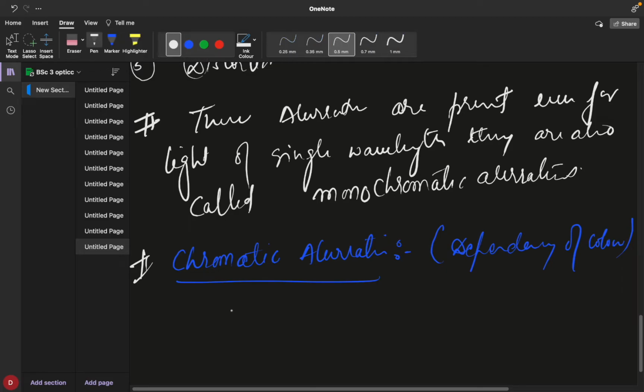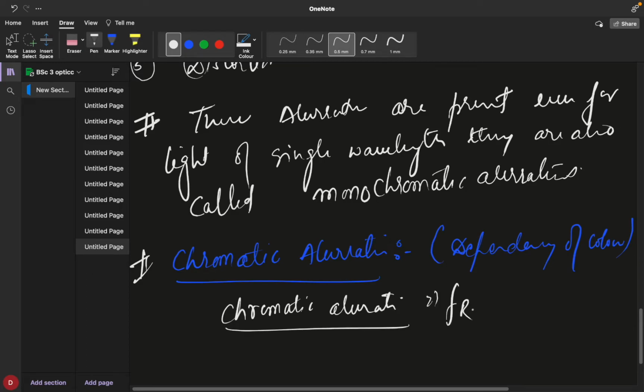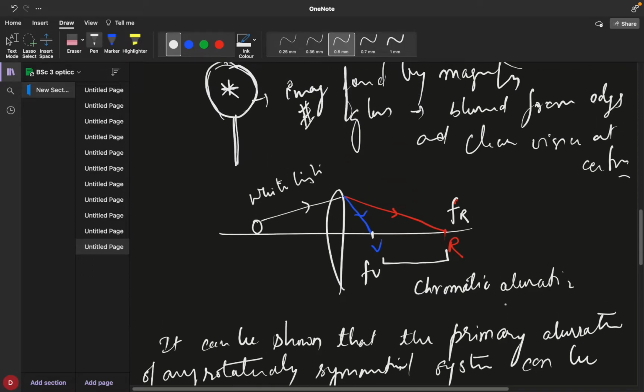I already discussed that chromatic aberration is the change in focal length of red versus the focal length of violet color here. This reason is your chromatic aberration.